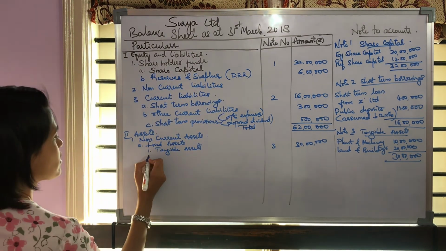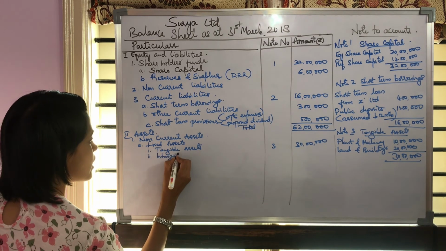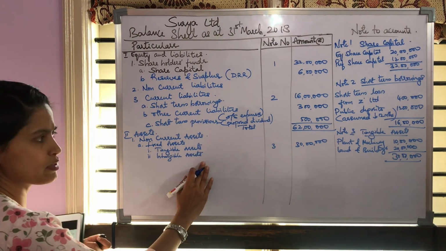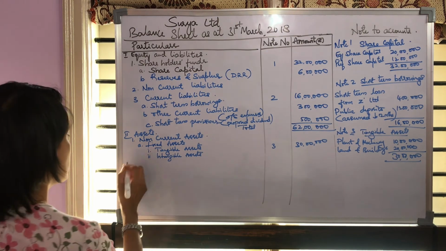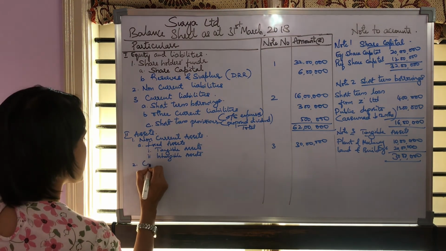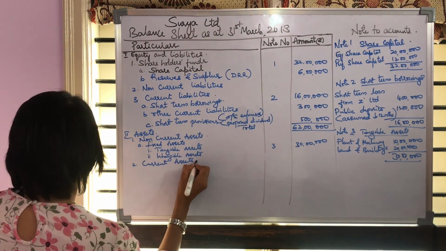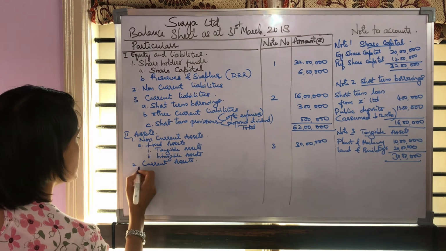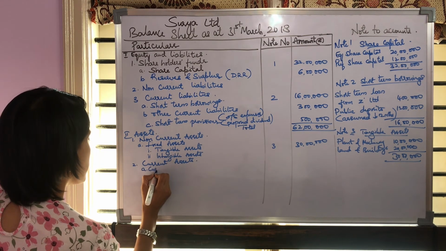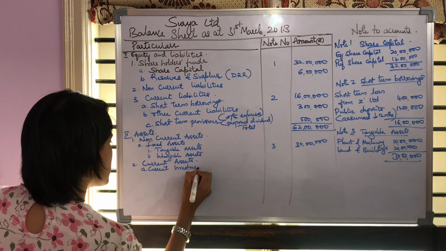The second category over here, intangible assets. No intangible assets mentioned, leave it blank. Now we have the second category, what we call it as current assets. Under current assets, we have current investments.